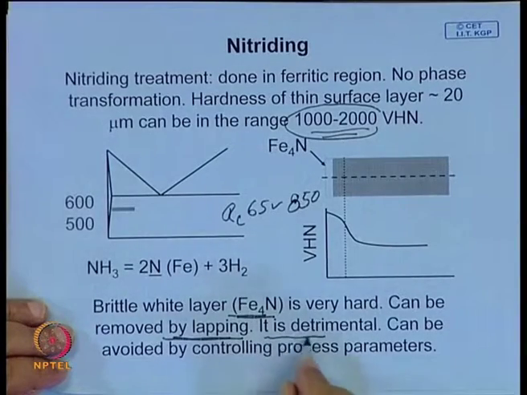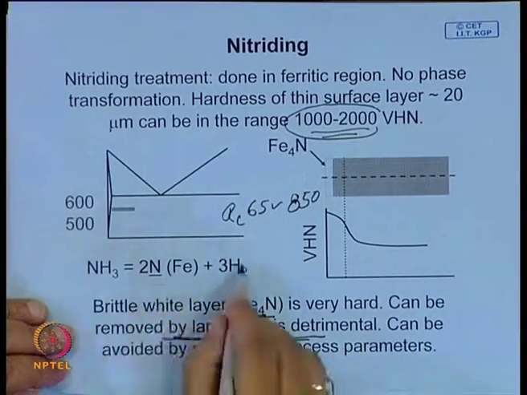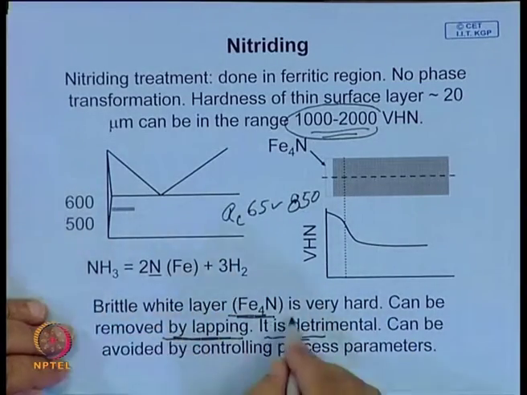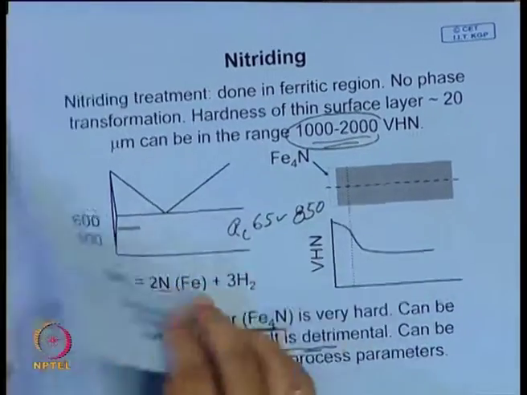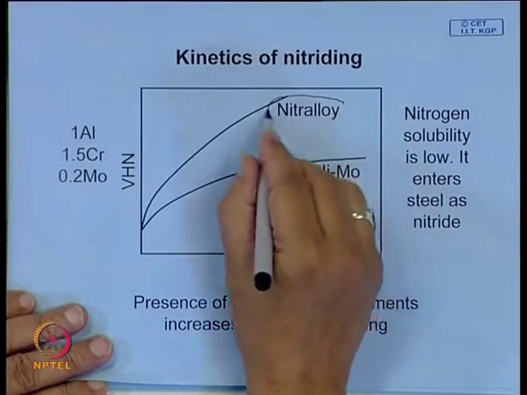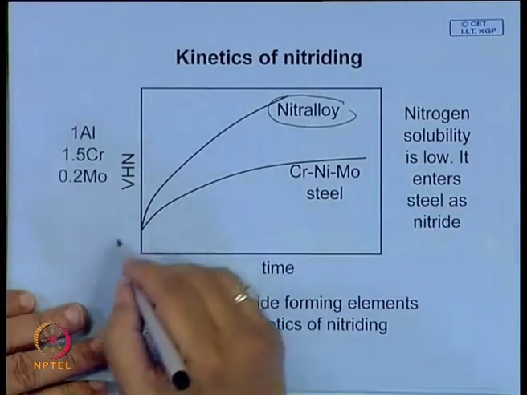If you can control the partial pressure properly, it is possible to avoid formation of this brittle layer. This type of treatment is very popular and given to different types of steel, and there is a special type of steel, nitralloy, where you get a very high hardness, which is shown over here.